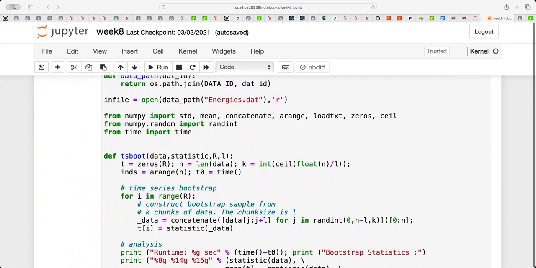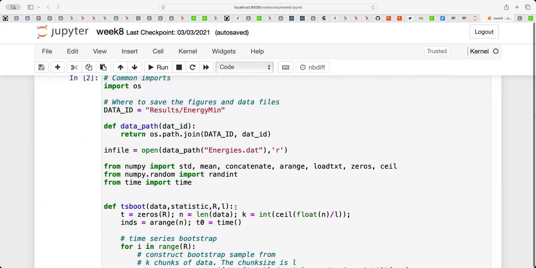If you want to do something quickly, you could take these functions and do the post-analysis. So the resampling technique is something which you do on top of your production data. So you have a big, heavy-duty production calculation which you run, that produces an output, and then you do the statistical analysis on top of that.